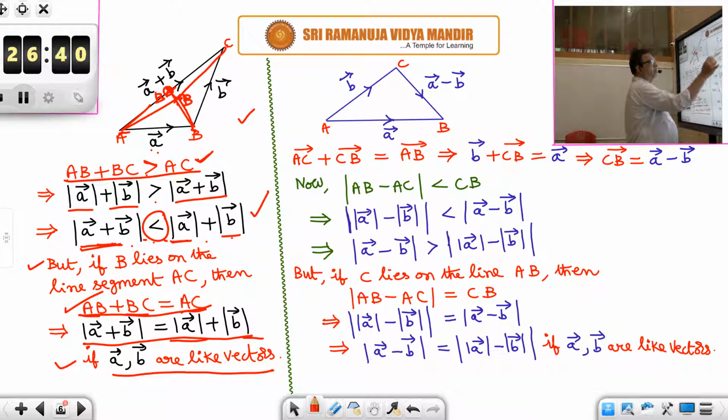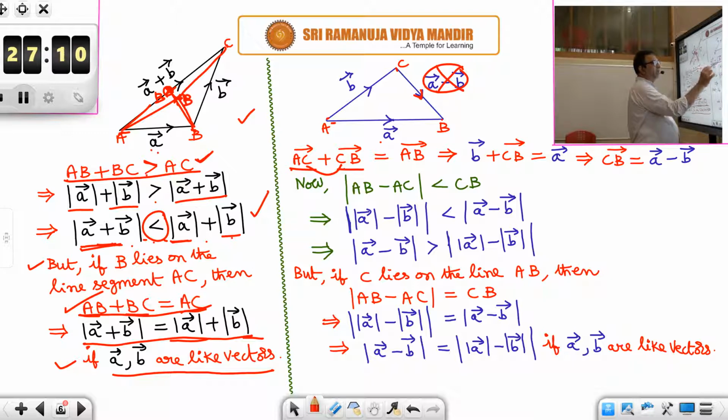Suppose AB bar is A bar. I have shown it in the diagram. AC bar is B bar. AB bar is A bar, AC bar is B bar. Then, suppose we don't know this vector. But let us join CB and put an arrow. What is CB bar? Let us find out. So here, by the triangle law of addition of vectors, AC bar plus CB bar, terminal point and initial point we have placed, is it not?